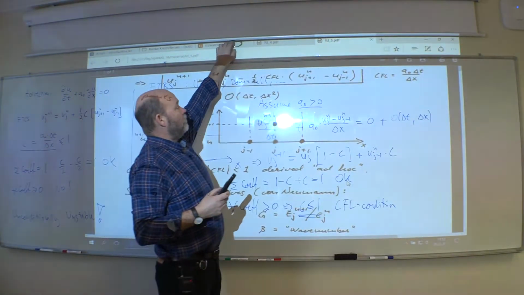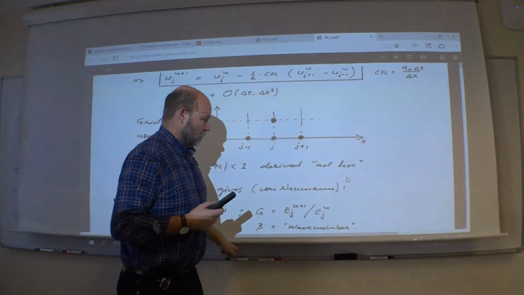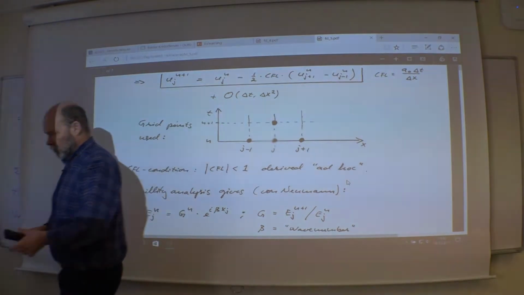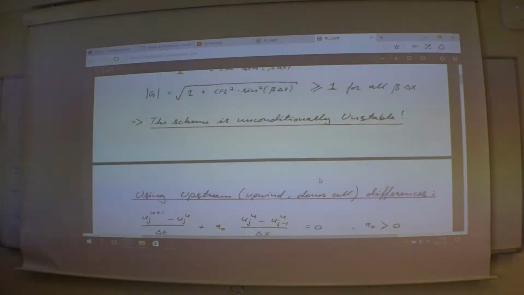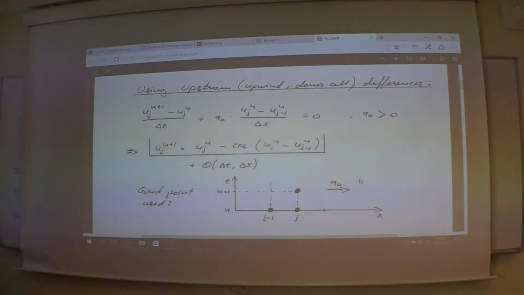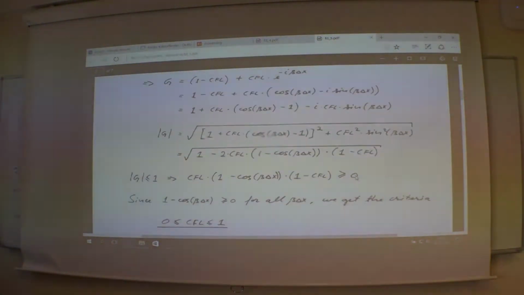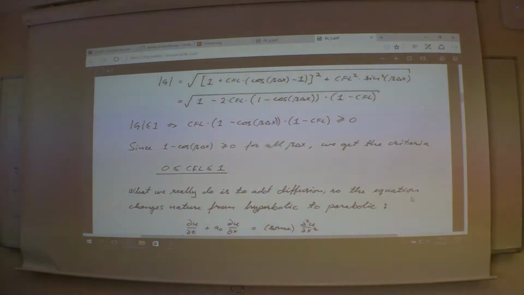Let me show you. So here you have the upstream version. So the analysis now shows indeed you get the CFL condition back.